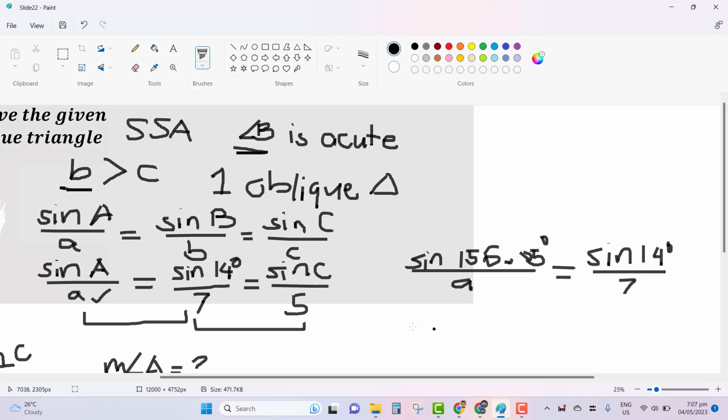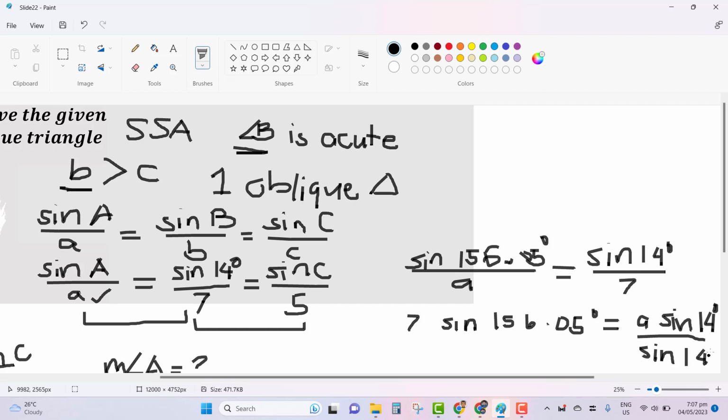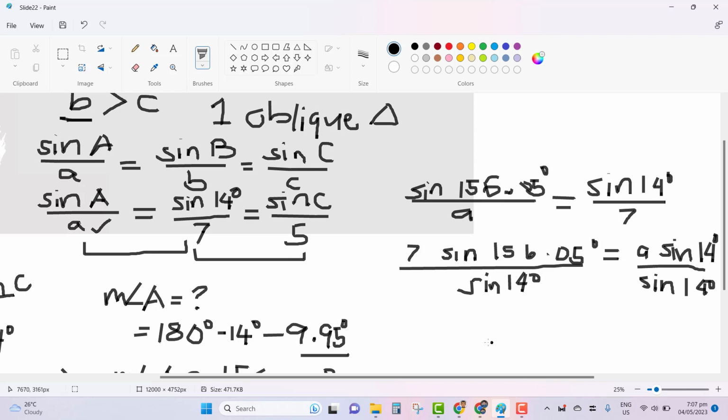So cross multiplying that, you'll have 7 sine 156.05 degrees is equal to A times sine 14 degrees. Then we divide both sides by sine 14 degrees. So the value of A is approximately, canceling it out, this entire expression.